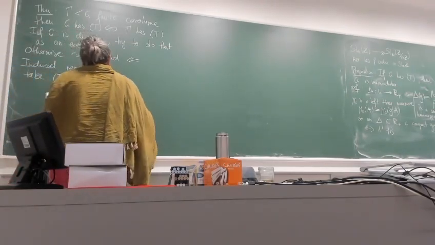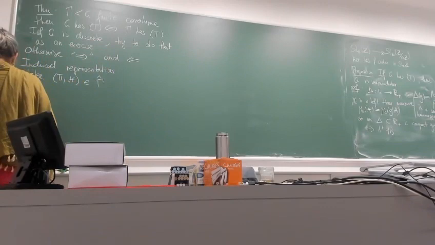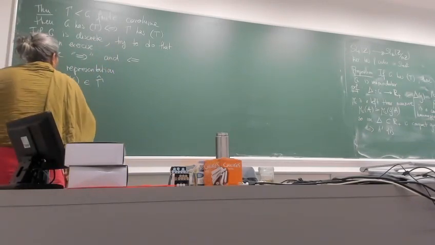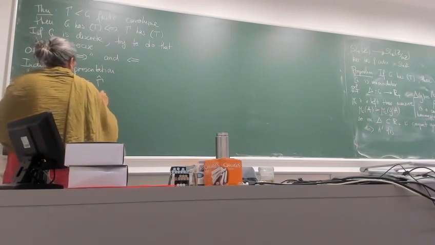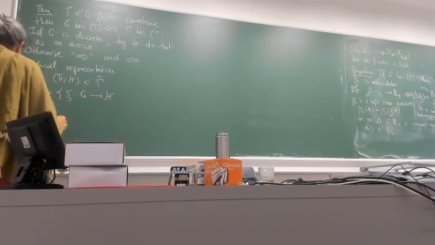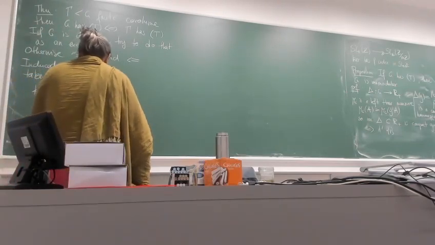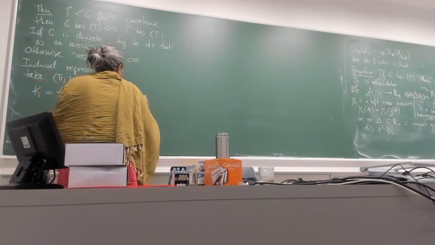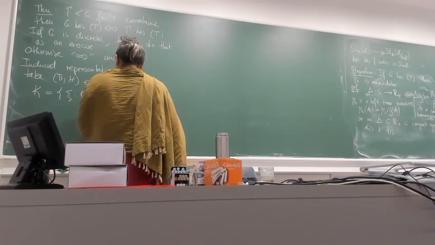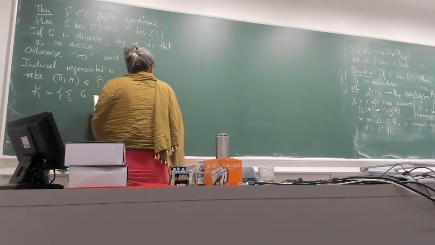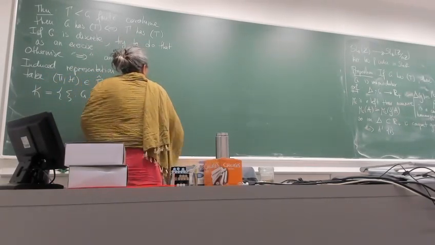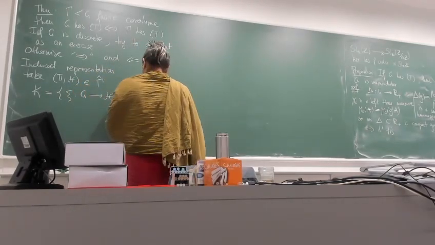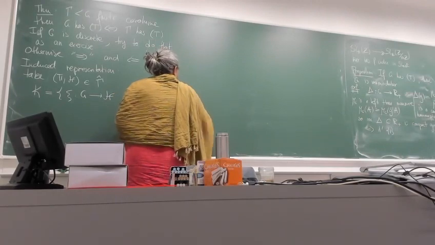you're going to define K, which is the set of psi from G to H, measurable, and you want psi of gh to be equal to pi H inverse.